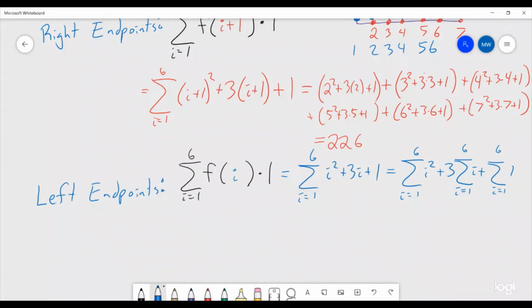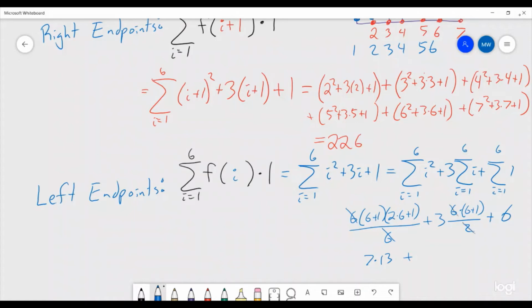If we just add all of these up, the i squared sum becomes 6 times (6 plus 1) times (2 times 6 plus 1) divided by 6, plus 3 times 6 times (6 plus 1) divided by 2, plus 6. We add all of these up. This is 7 times 13, so that's 91.